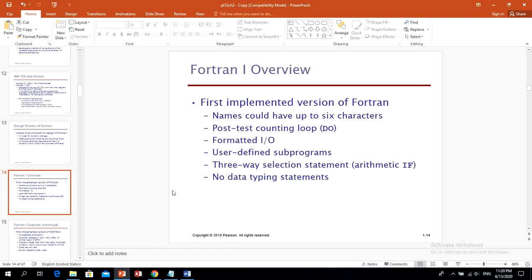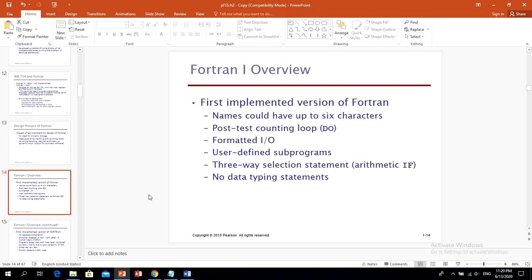So the first implementation version of Fortran, you can notice from that version that names could have up to 6 characters only, and there is a post-test counting loop like the do loop. They also have input and output statements, and users could define some programs, subprograms, or sub-functions.